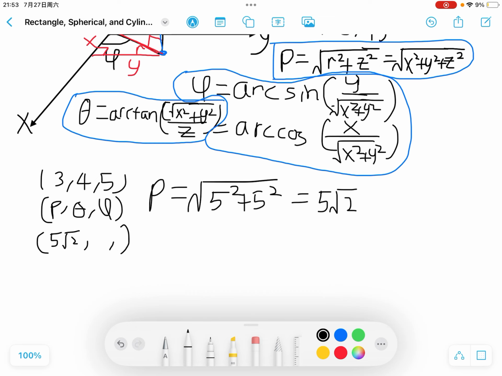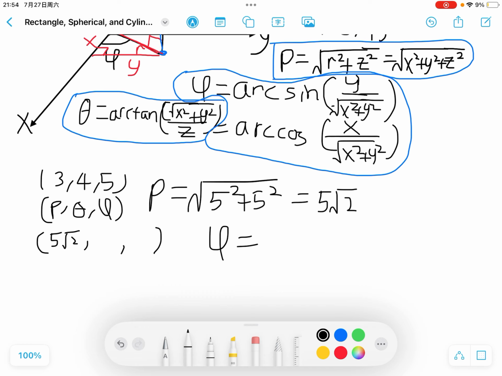Now we want phi and theta. Phi is equal to arc sine, or arc cosine, of y over root x squared plus y squared. We can try to use arc sine, and we need a calculator for this.